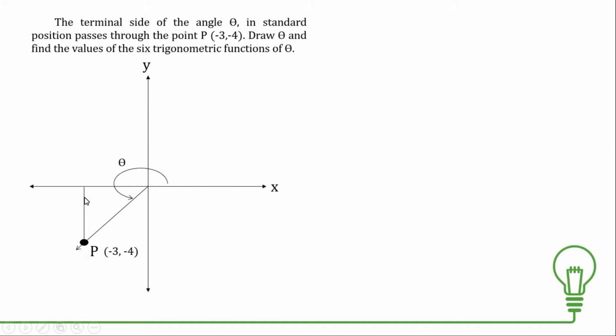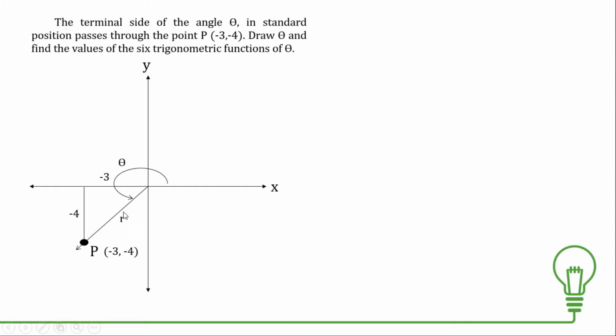The length of this side would be -3, since it is to the left of the origin. And the length of this side of the right triangle would be -4.